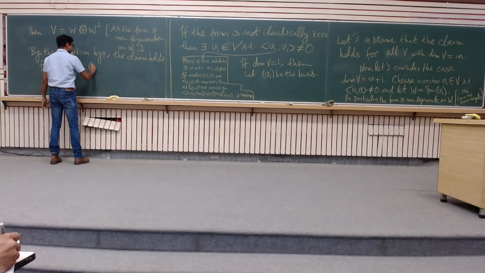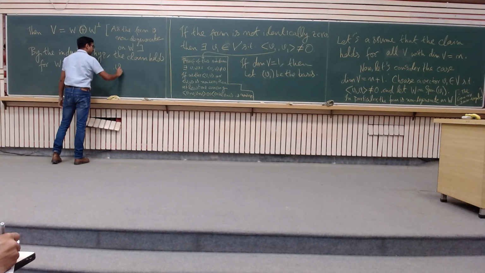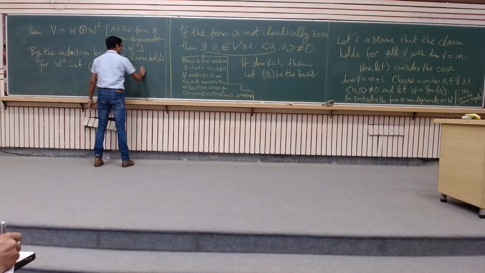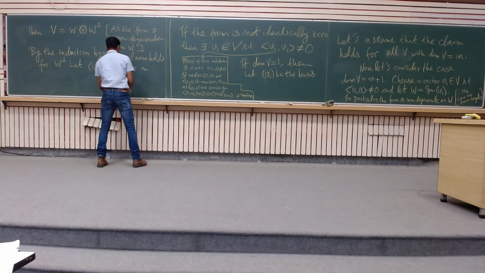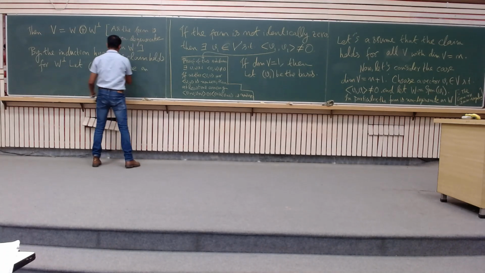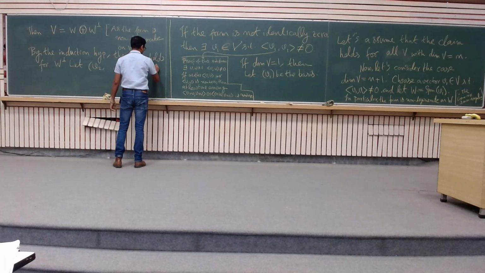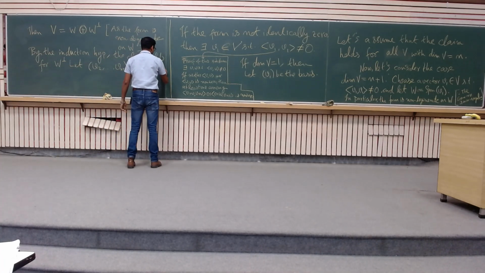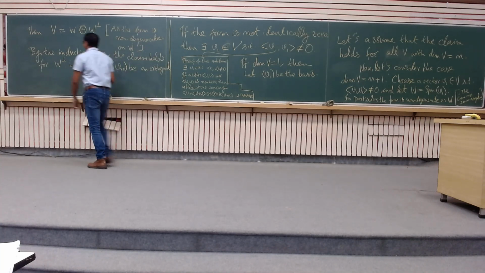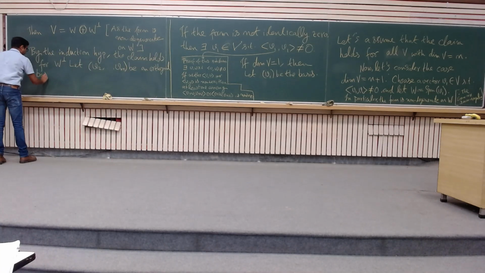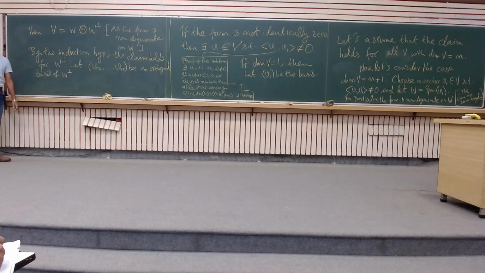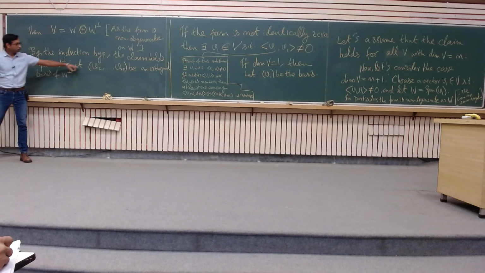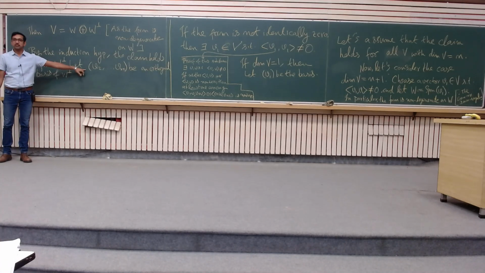Let V2 dot dot Vn plus 1, it would be, sorry, be an orthogonal basis of W perp. We'll just put V1 there to construct the basis of V.